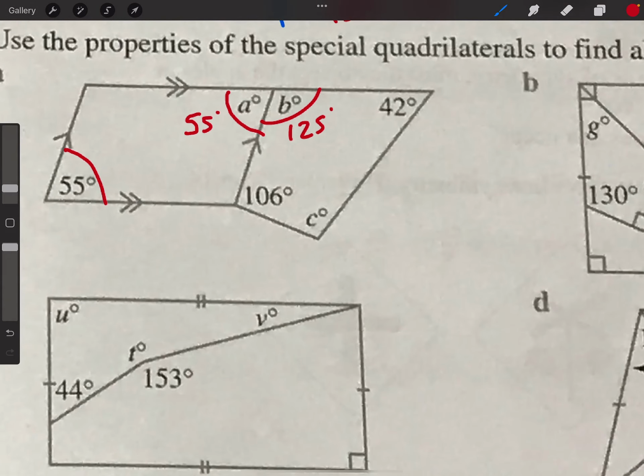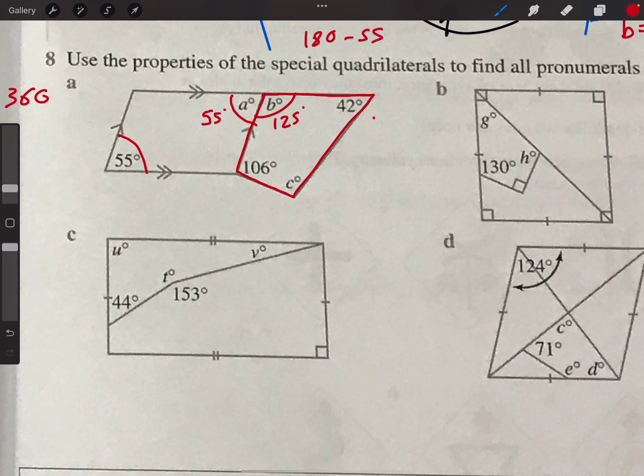Now once you have angle B, you can find angle C, because angle C lies inside this quadrilateral, this four-sided shape. So let's work it out. We got 125 plus 106 plus 42. Let's work out these three angles first.